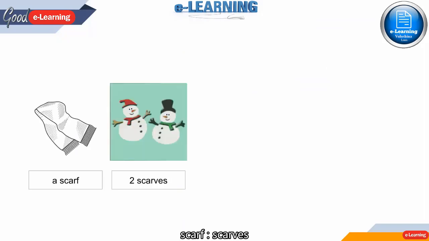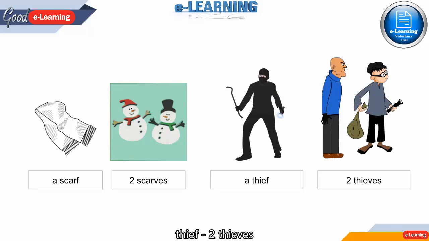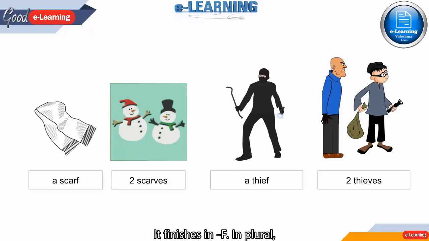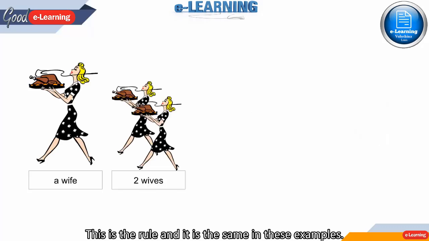Scarf, scarves. Thief, thieves. So what you notice here, the final letter is f when we speak about the singular noun. It finishes in f. In plural, f is changed into ves. A scarf to scarves. A thief to thieves. This is the rule, and it is the same in these examples.